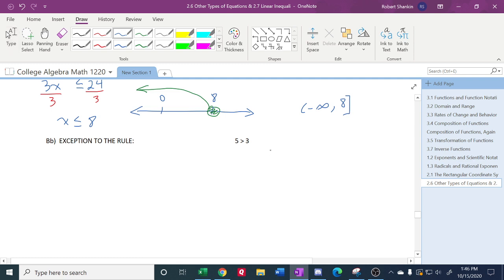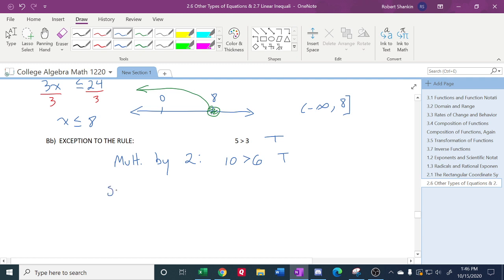That's a true statement. I'm going to multiply both sides by 2. And do I still get a true statement? Well, yeah, 10 is greater than 6.